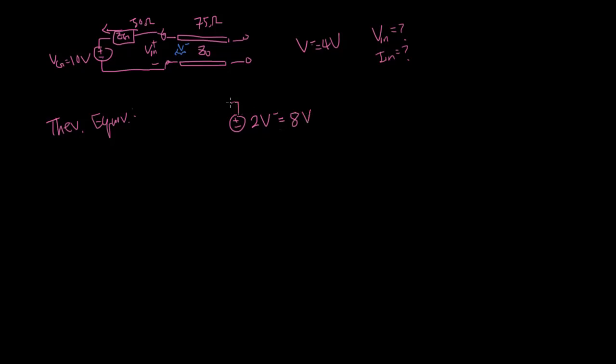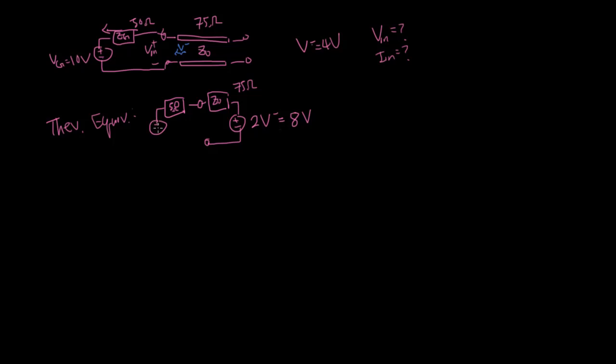And that has a source impedance of Z naught, which is our 75 ohms. That is the equivalent of what V minus will look like to the rest of the circuit at the output of the generator.